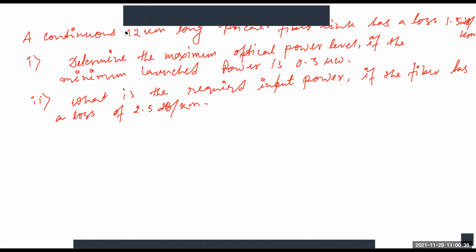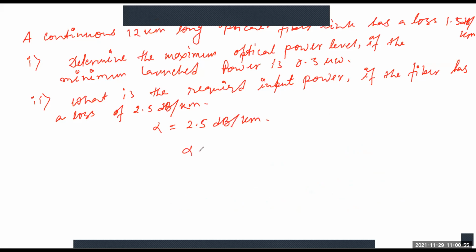For the second problem, we want the input power. Here alpha is given, that is 2.5 dB per km.